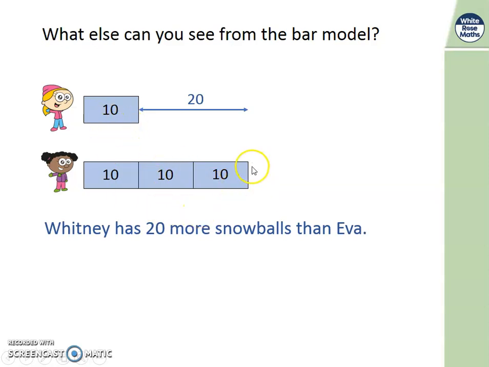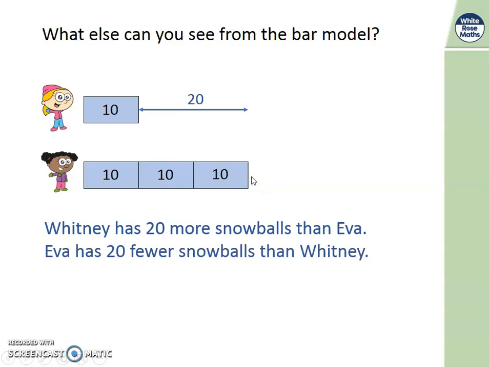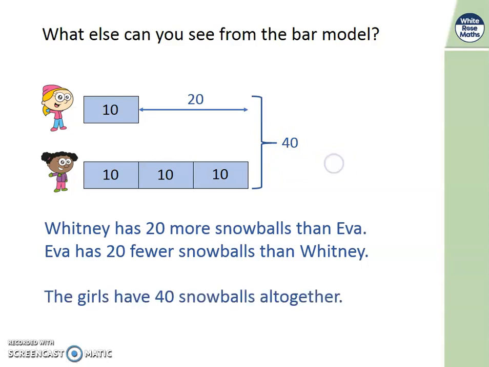We could also look at it and say that Eva has got 20 fewer snowballs than Whitney. And all together, if we add them up, 10, add 10, add 10, add 10, that makes 40 snowballs all together that the girls have made.